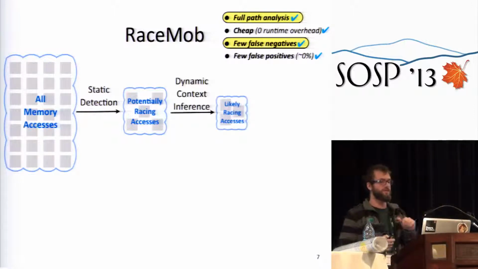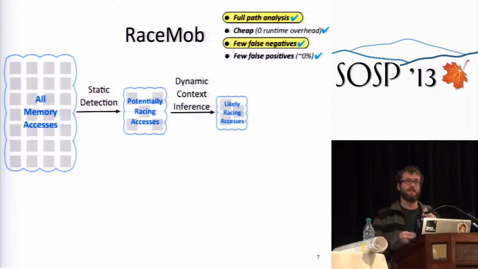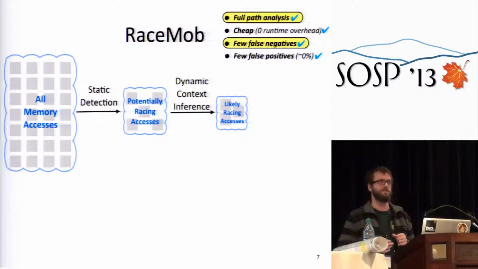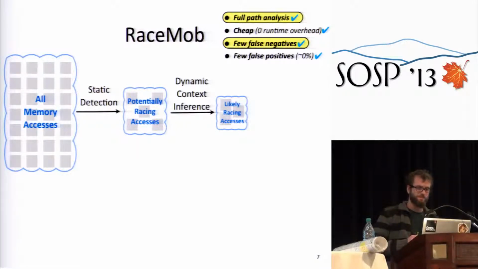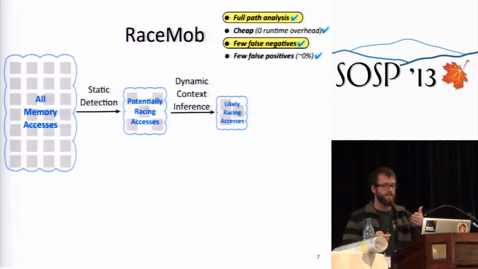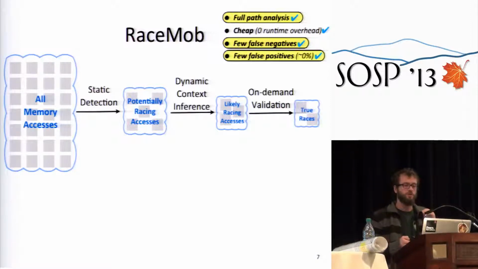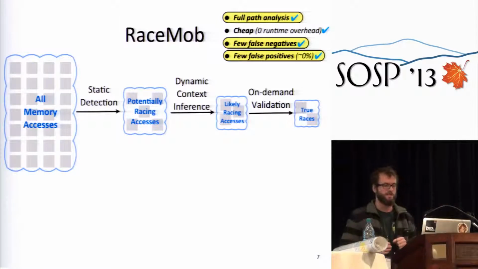RaceMob further reduces the set of potentially racing accesses to likely racing accesses in a later stage that we call dynamic context inference by gathering some more runtime information. Then, RaceMob uses a technique called on-demand validation to conclusively detect real data races in a program and eliminate false positives.